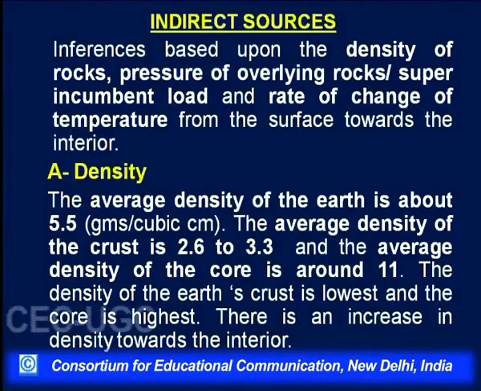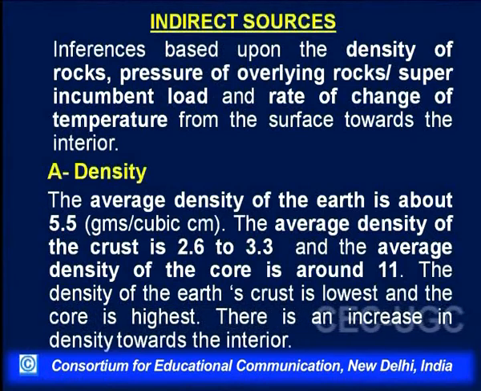Coming to the first point, density, the average density of the Earth is about 5.5 grams per cubic centimeter. That is the average density of the entire Earth, but in the previous slide we saw the broad parts of the Earth like crust, mantle, outer core and inner core. Accordingly, the average density of the crust is about 2.6 to 3.3, and the average density of the core is around 11.